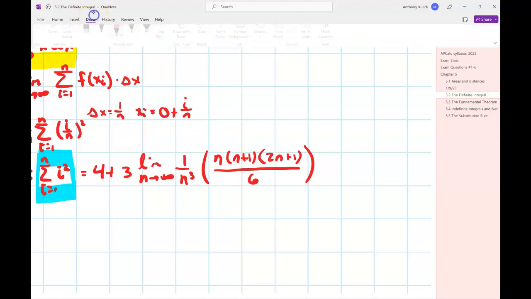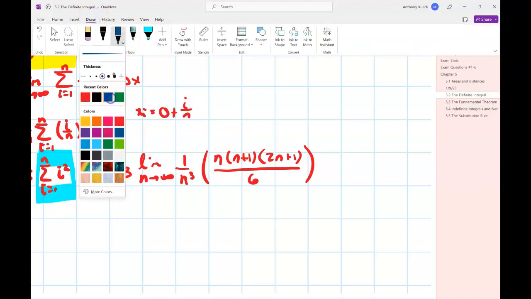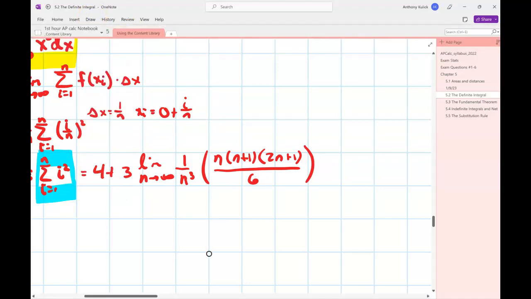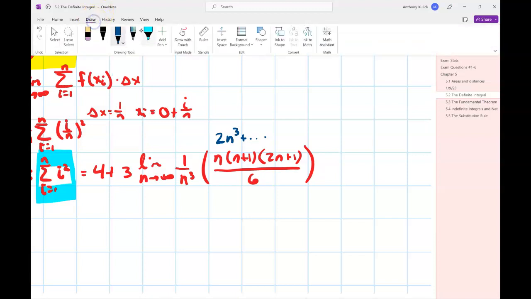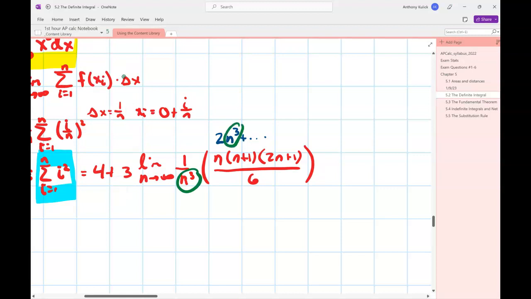All right, so let's make doing this limit a little bit easier here. If I foiled the numerator out, what's the leading term going to be? 2n cubed plus some stuff, right? So I notice here that those degrees are the same.